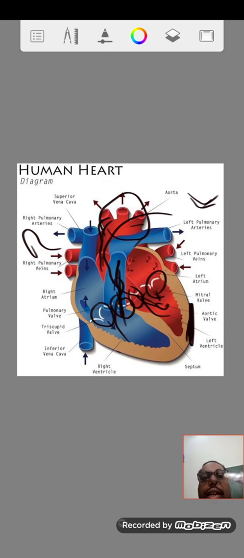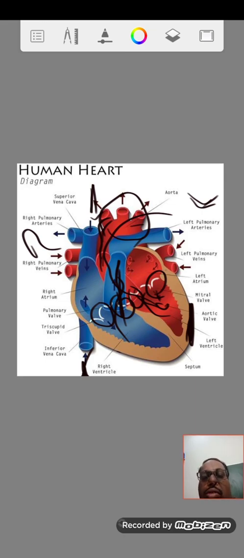The deoxygenated blood from the upper part of the body will be brought by the superior vena cava, and from the lower part of the body it will be brought by the inferior vena cava. Vena cava means a large-sized vein. This is the basic structure of a human heart.